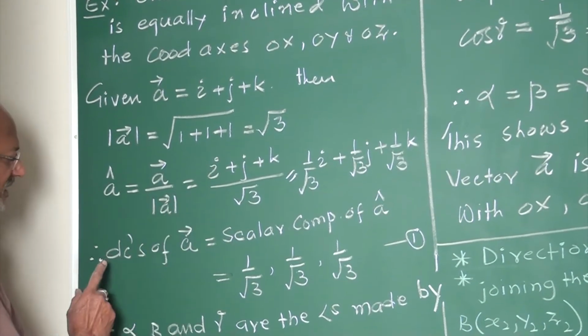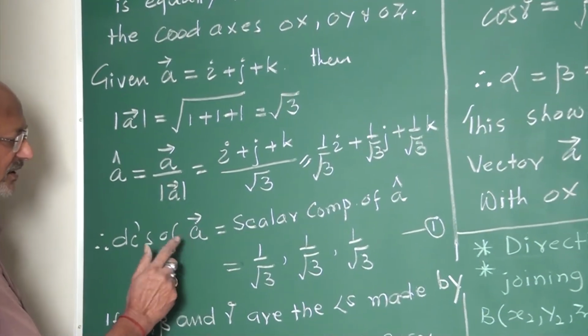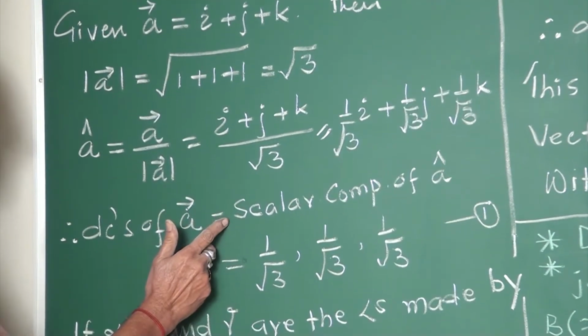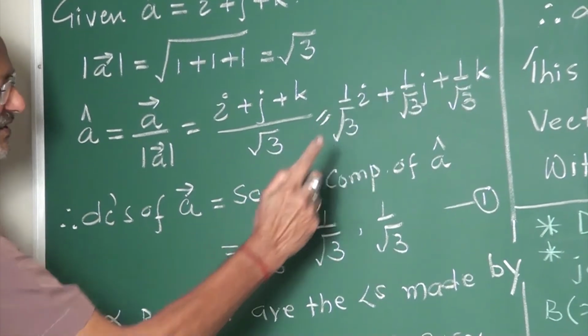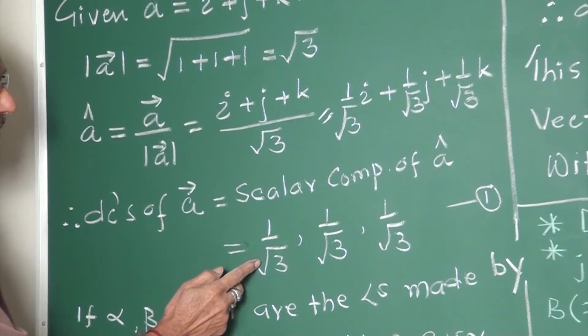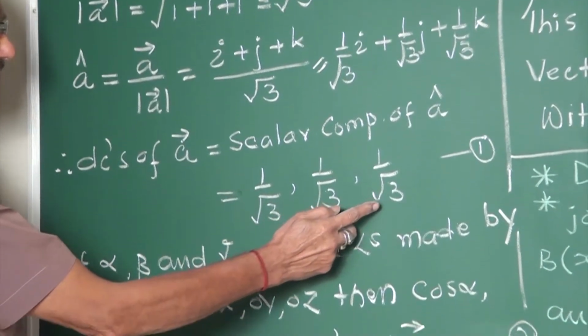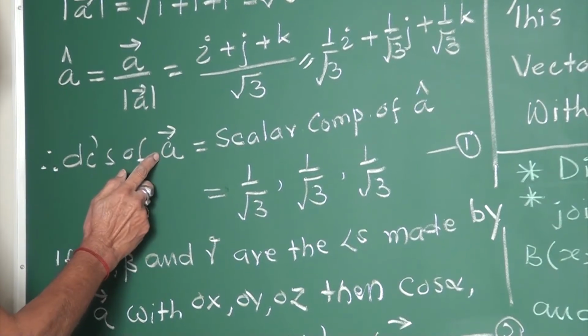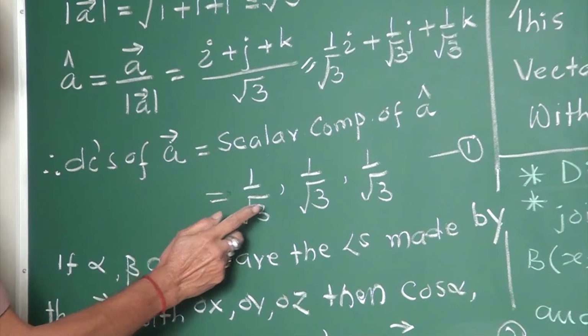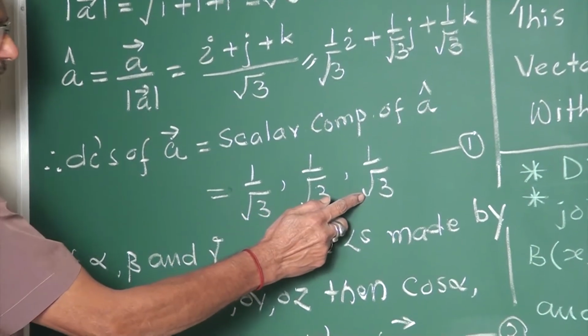Then the direction cosines of vector A are the scalar components of A cap. Scalar components are the coefficients of i, j, k, which are 1 by root 3, 1 by root 3, 1 by root 3. Therefore, the direction cosines of the vector A are 1 by root 3, 1 by root 3, 1 by root 3.